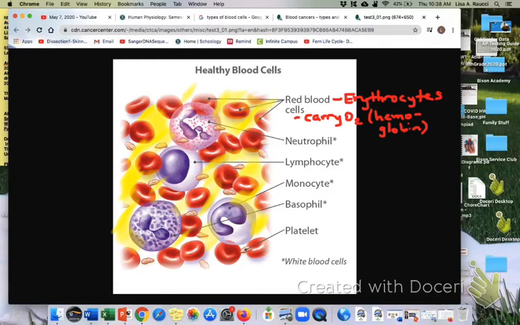The next most numerous blood cells, and they're actually fragments of cells, are platelets. There's billions and billions of red blood cells, but platelets, there's about 1 for every 20 red blood cells. So they're less numerous than the red blood cells, but they're the next most. Platelets are a little bit smaller.